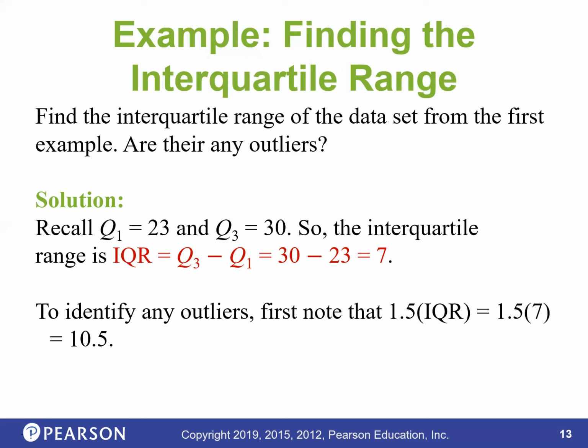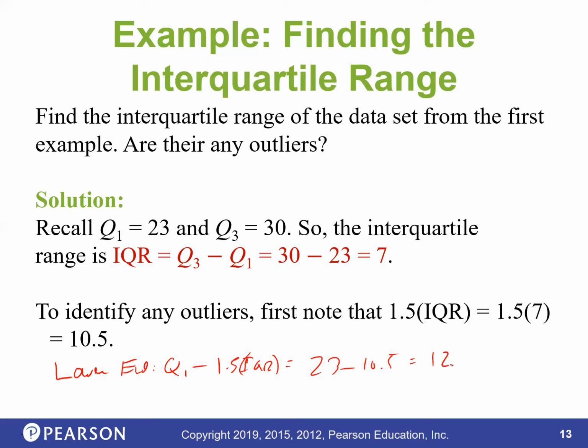Let me write it on the computer itself so I can add it for later reference. To find the lower end, we'll say Q1 minus 1.5 times the IQR, in this case 23 minus 10.5.